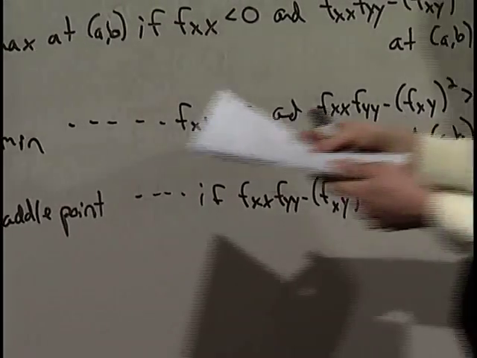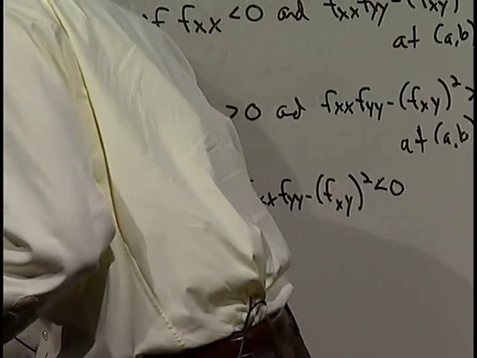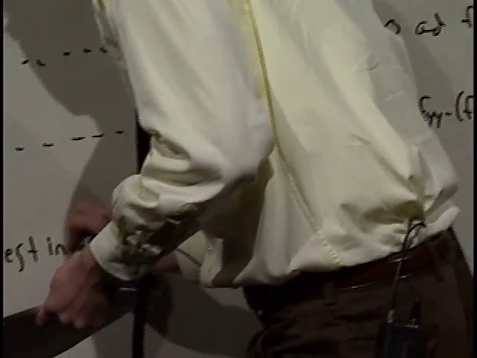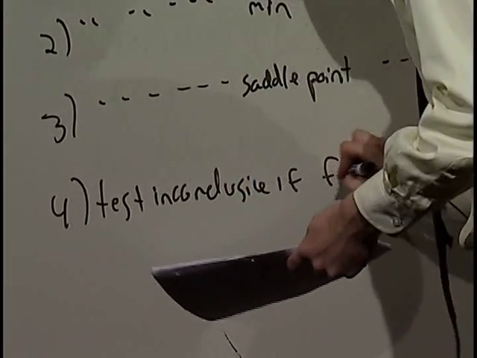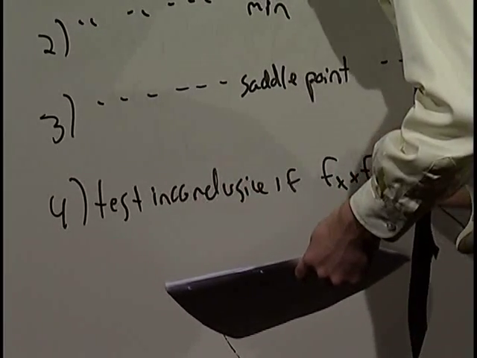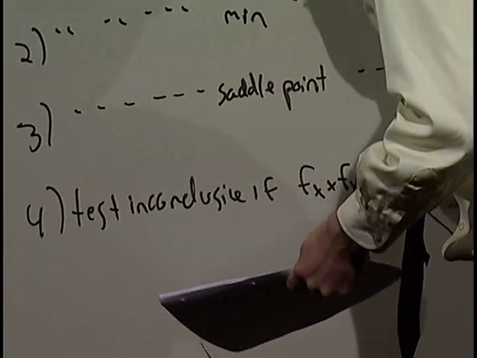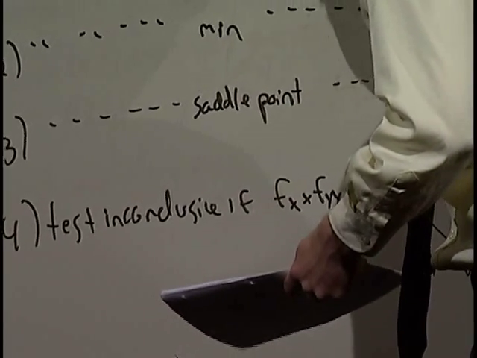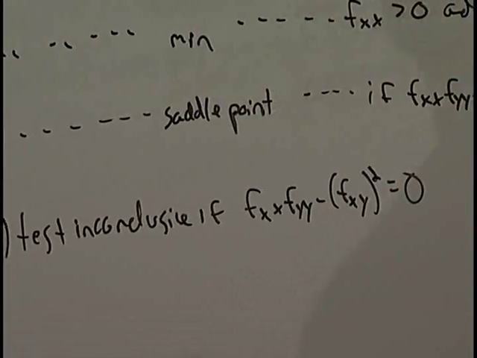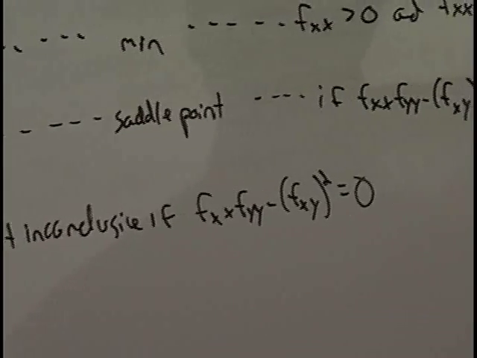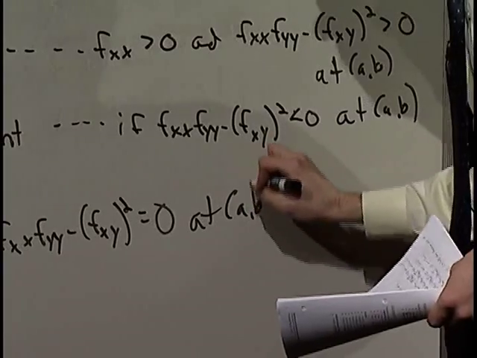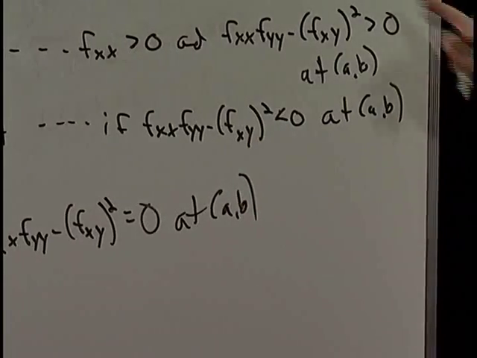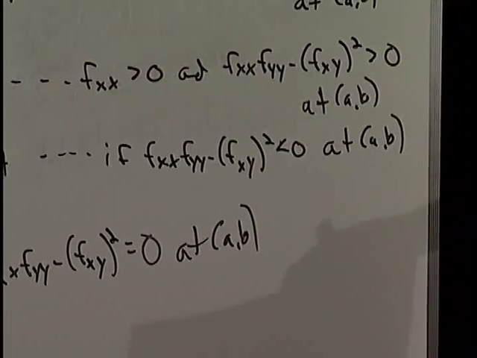Okay? And the test is inconclusive if that big quantity ends up equaling 0. Right? Test is inconclusive there. And this is at AB, and this is at AB, right? So these are all at the point. Okay? So there's the test.